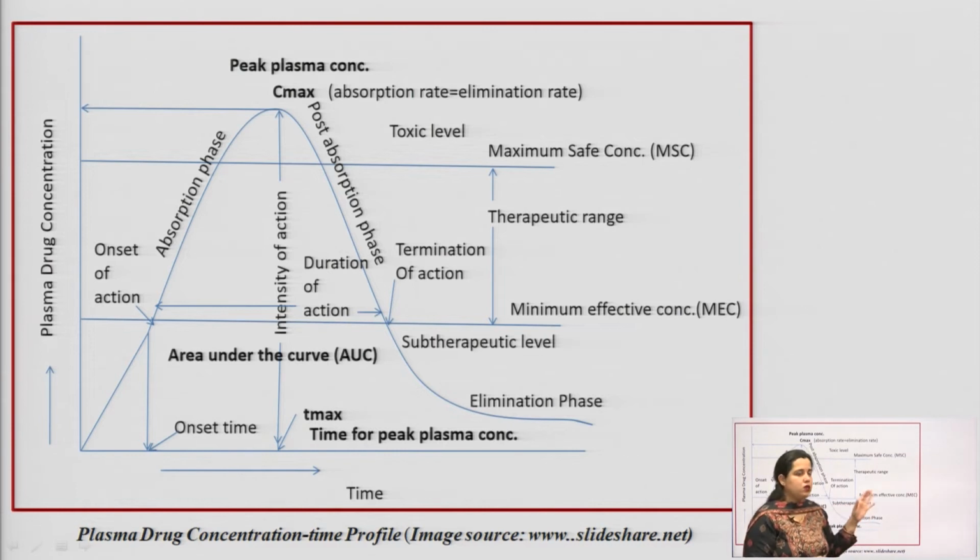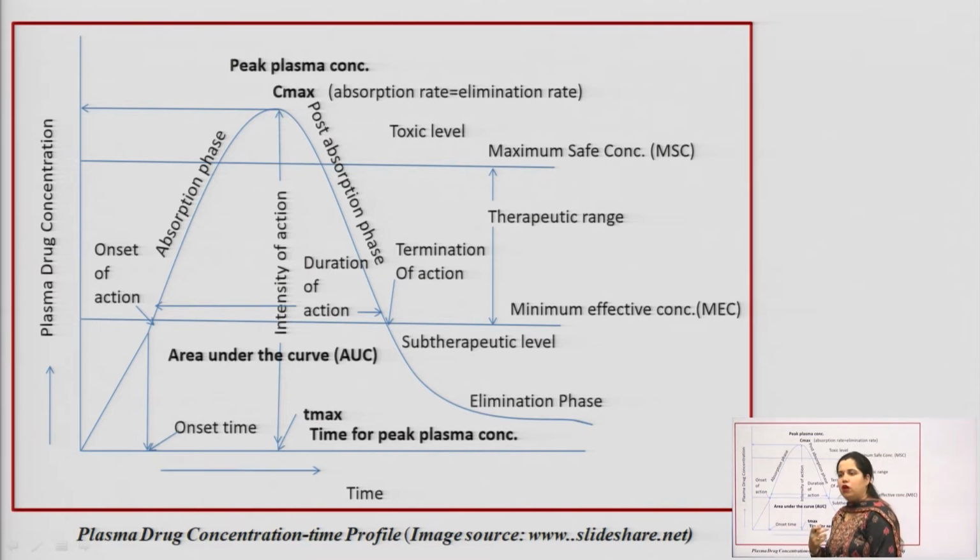I feel that this figure will tell you everything about how we can correlate pharmacokinetics and pharmacodynamics to set drug efficacy and safety. Consider the plasma drug concentration: this y axis is plasma drug concentration and this x axis is time.